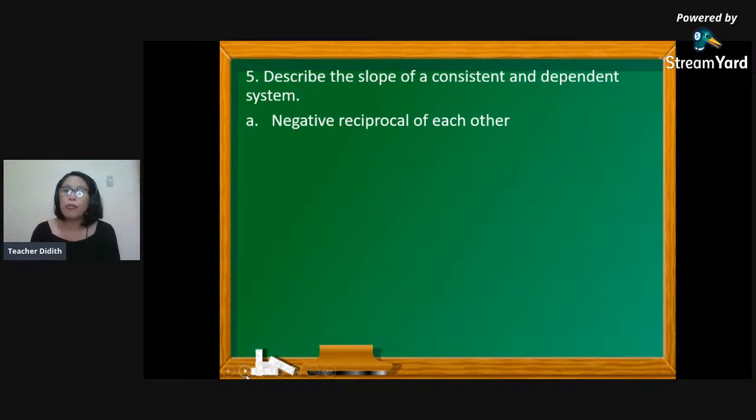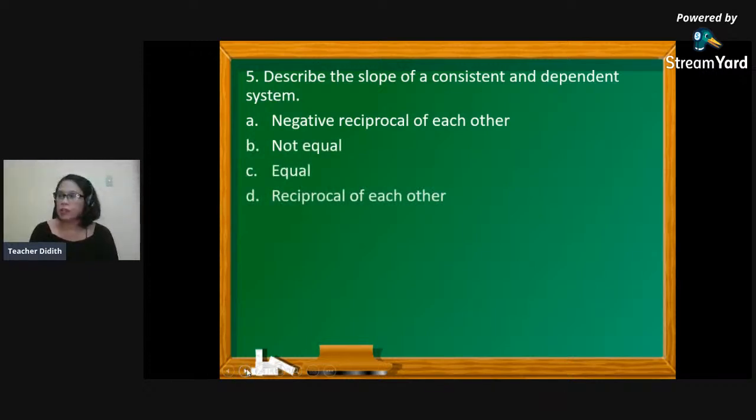Okay, describe the slope of a consistent and dependent system. So these are the choices. You type your answer if you already have your answer. Is it the negative reciprocal of each other?